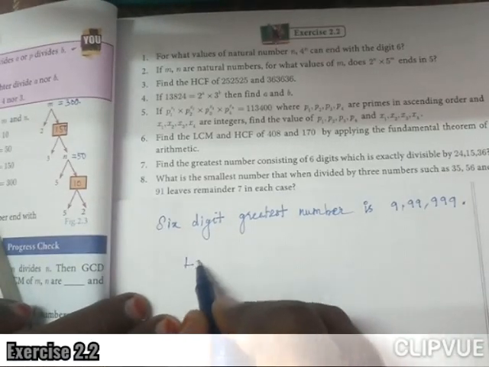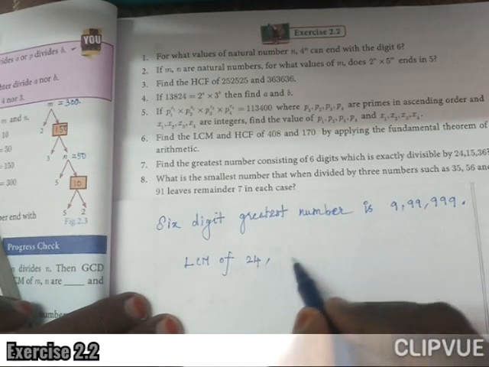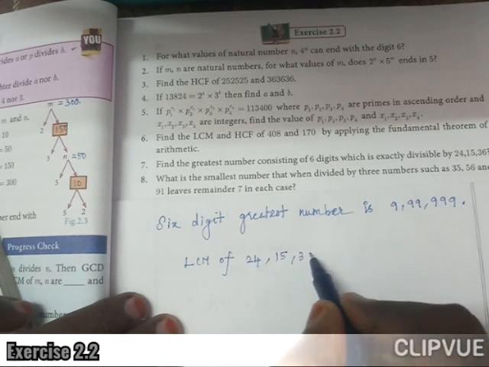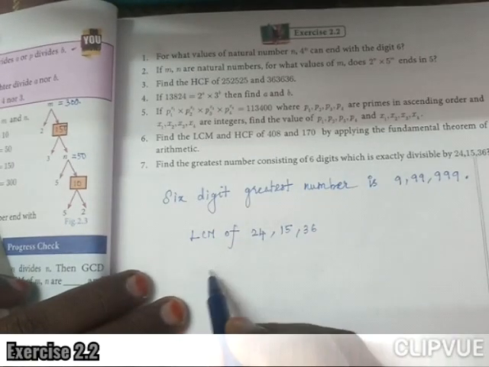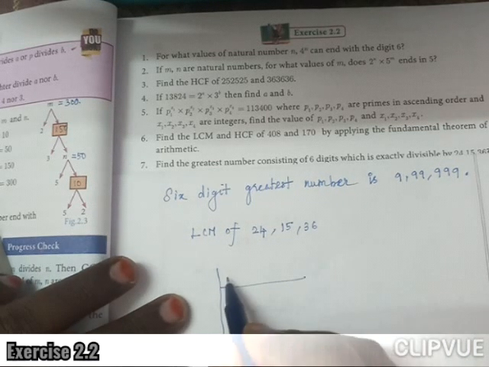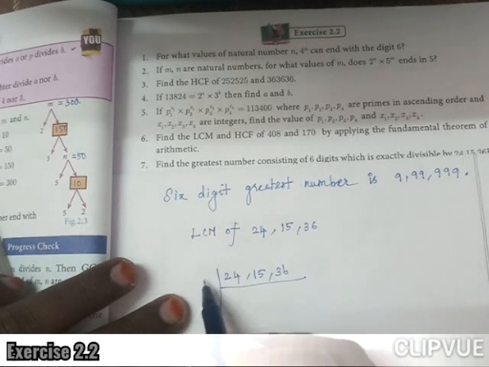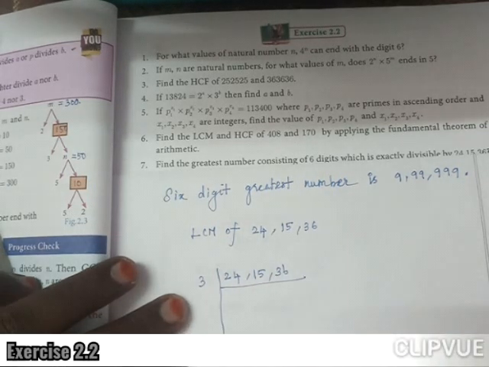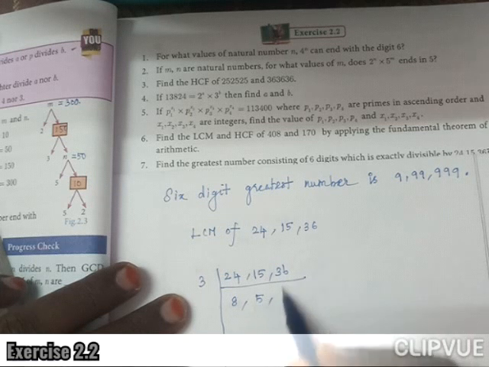So the LCM of 24, 15 and 36. You can find it easily. 3 can divide all three numbers 24, 15 and 36: 8 times here, 5 times here, 12 times.